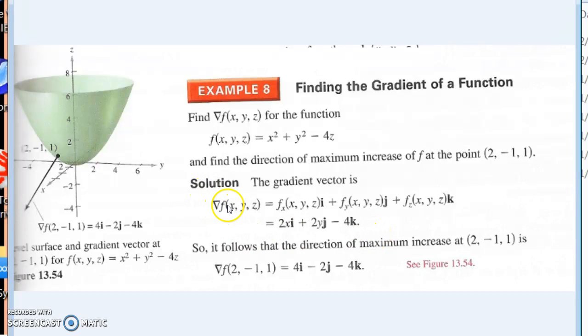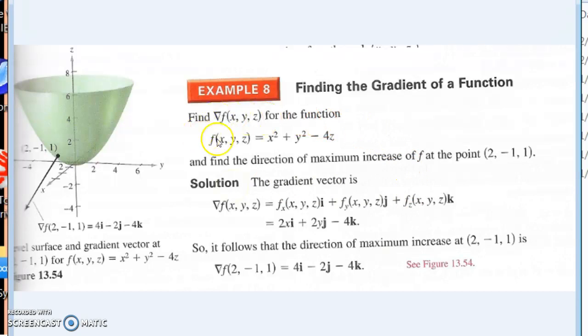So the gradient of f at the point 2, negative 1, 1 is given by 4, negative 2, negative 4. So you can see 4, negative 2, negative 4 is a normal vector to that surface.